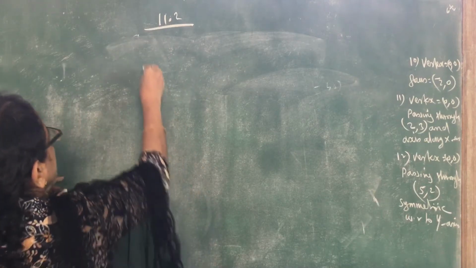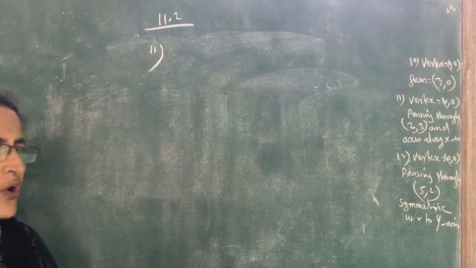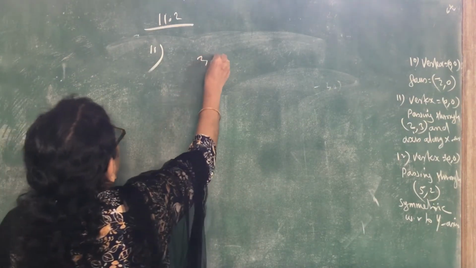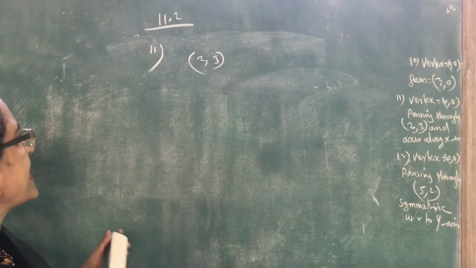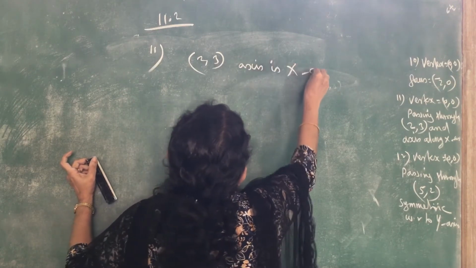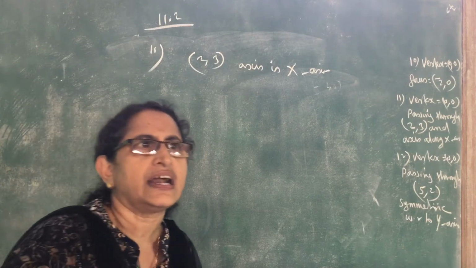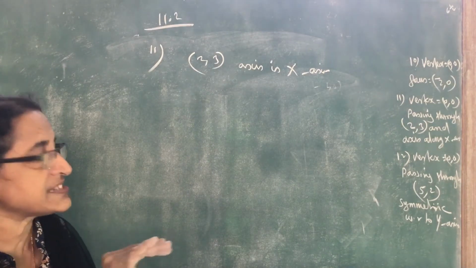Now 11th one. Vertex 0, 0, that is the same for all the parabolas, and passing through 2, 3, with axis along the x-axis. Axis is x-axis means two parabolas have axis x-axis.